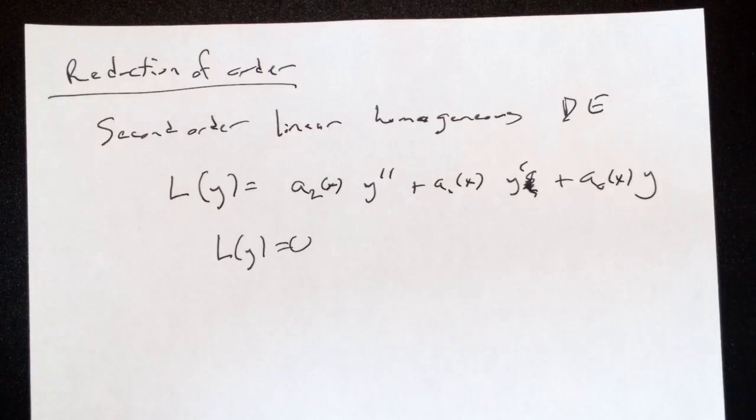Now, I know this is going to sound backwards for a minute, but I'm going to start with the assumption that I have one of the solutions, not both of them.